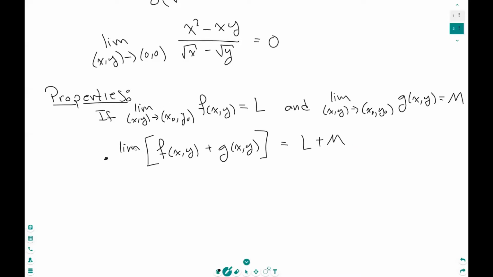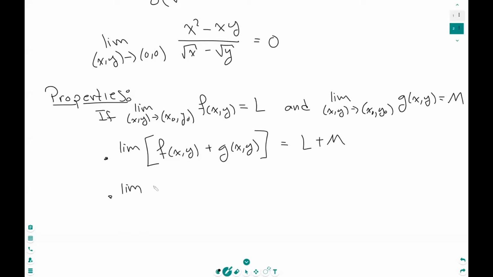So the limit will distribute to these as long as they exist. This is L here, and this is m here. So we just have L plus m. So as long as the limit exists, we can apply the limit to each of these individual sums.